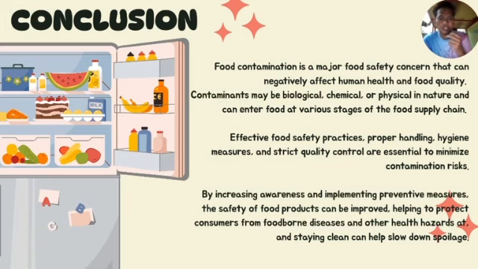Effective food safety practice, proper handling, hygiene measures, and strict quality control are essential to minimize contamination risk. By increasing awareness and implementing preventive measures, the safety of food products can be improved, helping to protect consumers from foodborne disease and other hazards. And staying clean can help slow down spoilage.